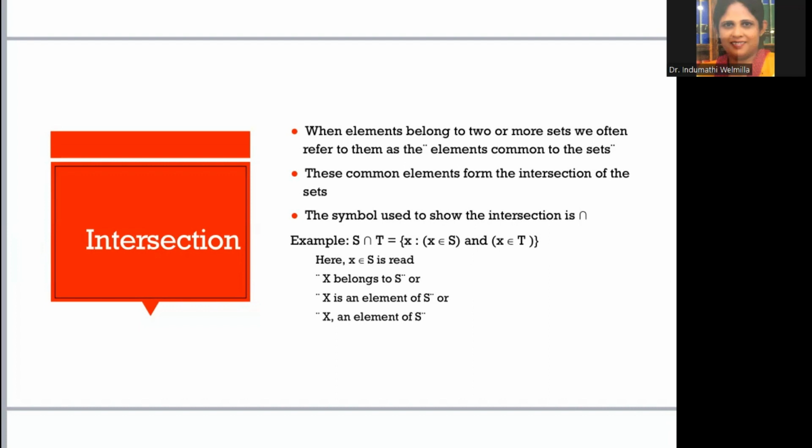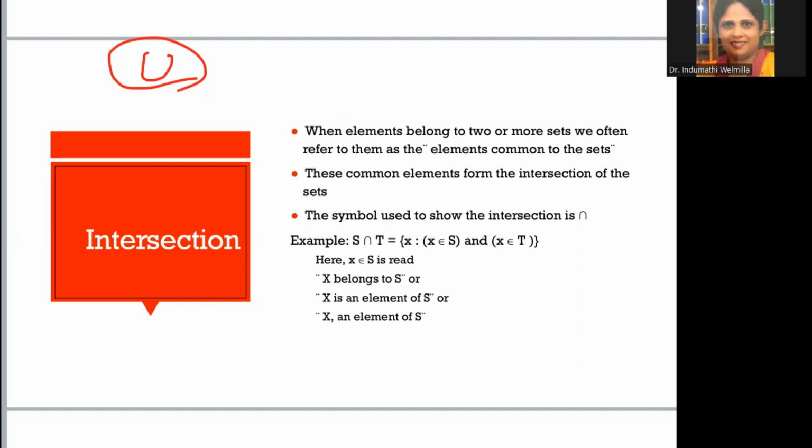We know this symbol is employed to denote the union of two sets. We normally read it as A union B, or the union of A and B, defined as the set that consists of all elements belonging to either set A or set B, or both.